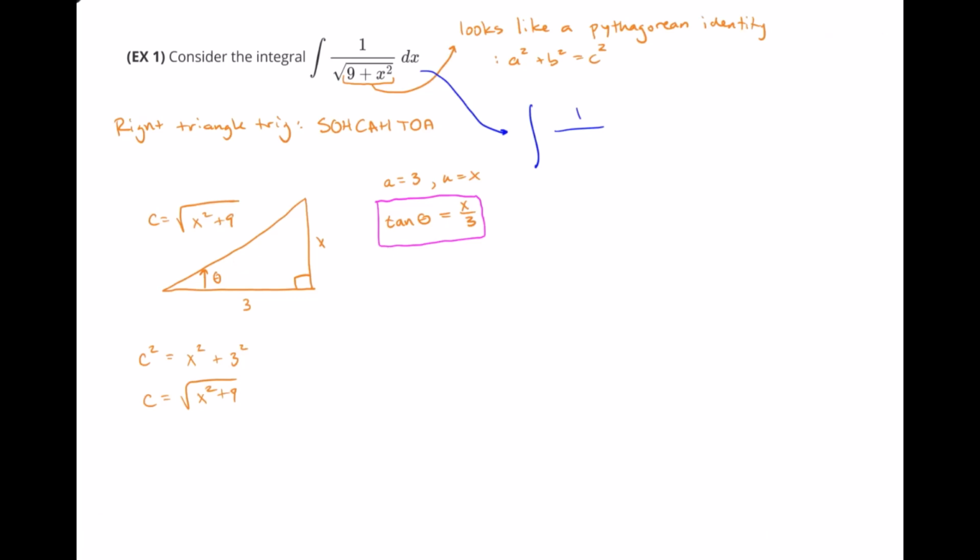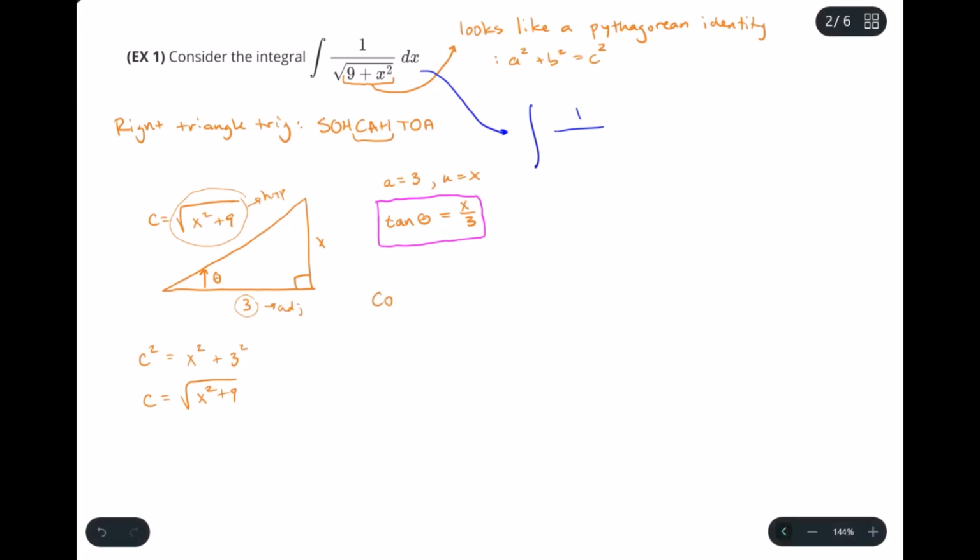I've got a constant on this side, and this is my hypotenuse. So this would be the adjacent side to theta, and this would, of course, be the hypotenuse. The adjacent and the hypotenuse are related through cosine. So I could say the cosine of theta is equal to that adjacent side divided by the hypotenuse. And that's just basic right triangle trigonometry.